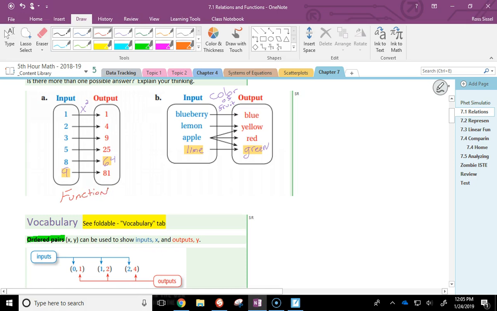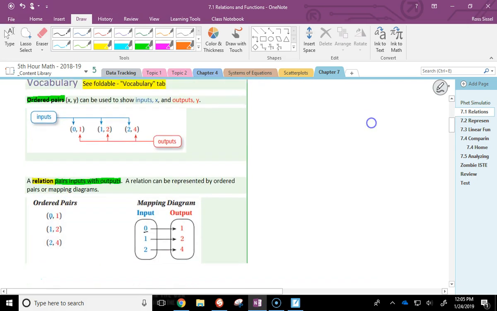How about B? Why is it not a function? Zachary? Because Apple can go to multiple colors or outputs. Perfect. Apple went to more than one output, so it's not a function.